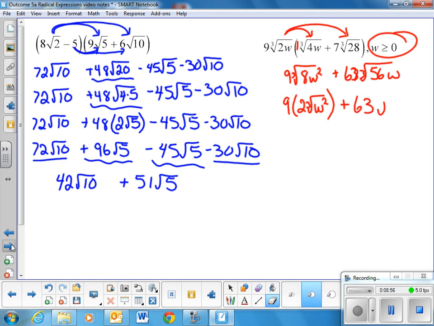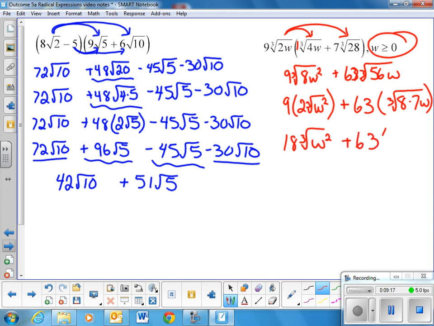and simplifying what's under the root sign. 56 contains a perfect cube. 56 is made up of 8 times 7. And so simplifying here, 9 times 2 is 18 cube root of W squared plus 63 times the cube root of 8, which is 2.